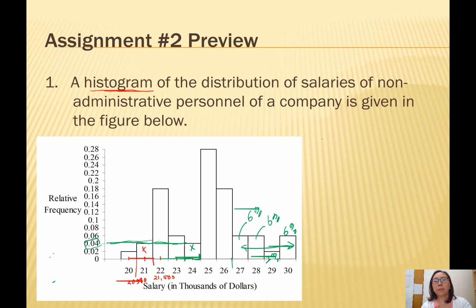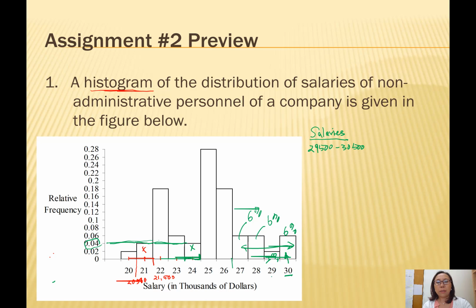The first thing we want to do is create a column called salaries. And we know that typically a frequency table begins with the highest number, in this case the highest salary. That's going to be represented by the number 30 here. To read this graph, it's going to be between 29,500 and 30,500. And that's going to be the first item on there.